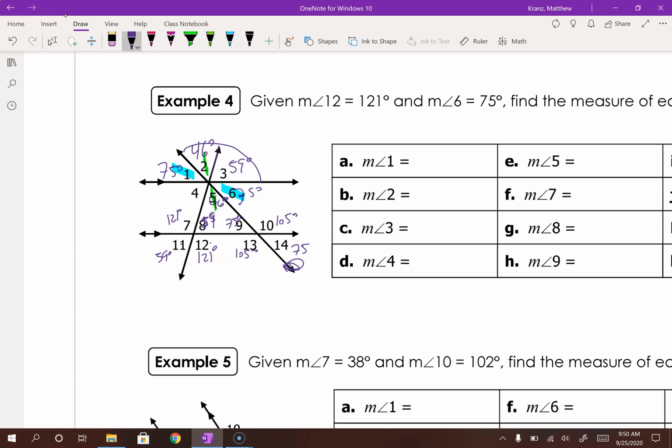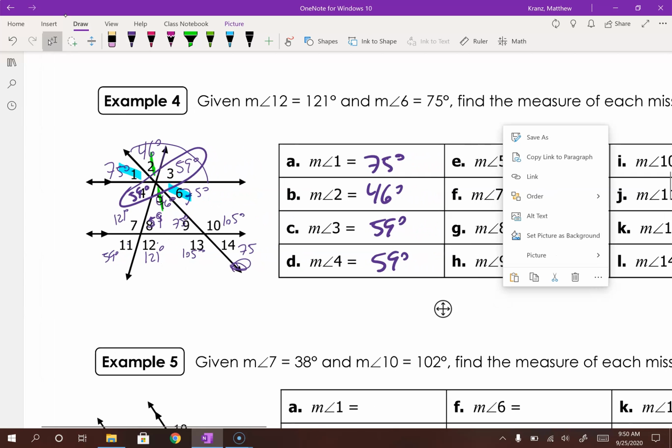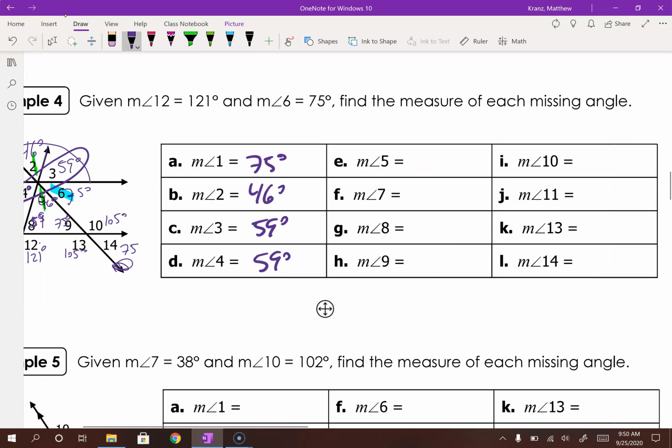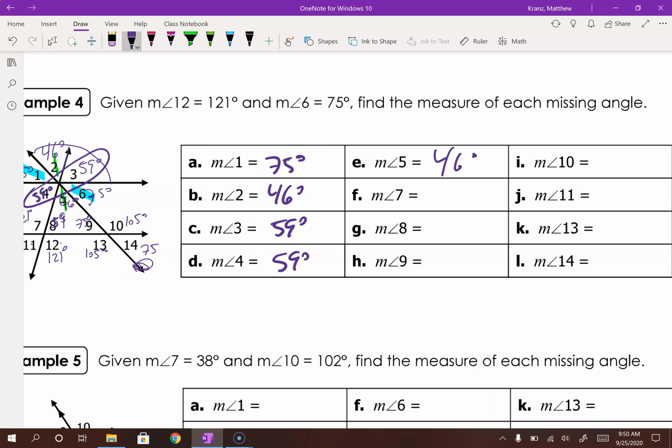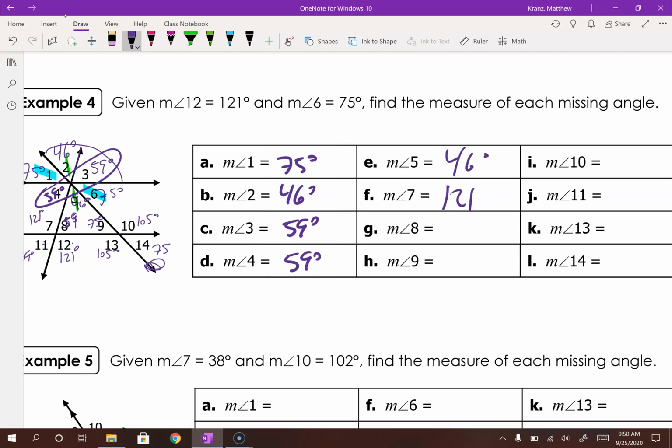Right, so now that I have that, I know that angle 1, 75. Angle 2, 46. Angle 3, 59. Angle 4, that's also going to be 59 because these are vertical angles. Angle 5 is 46. Angle 7, 121.